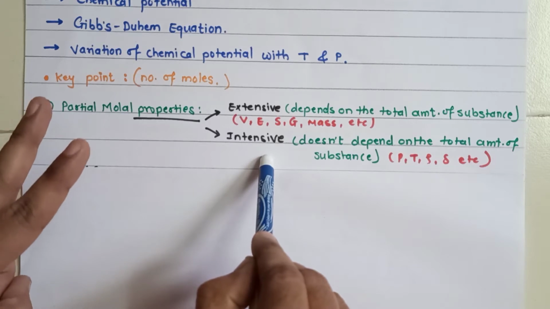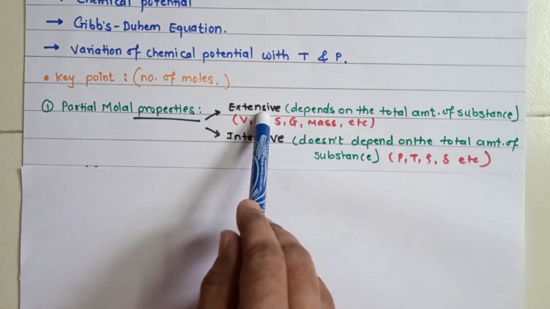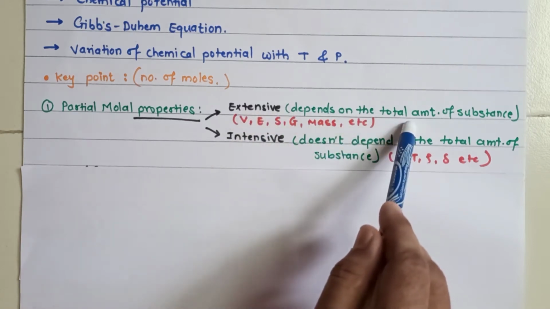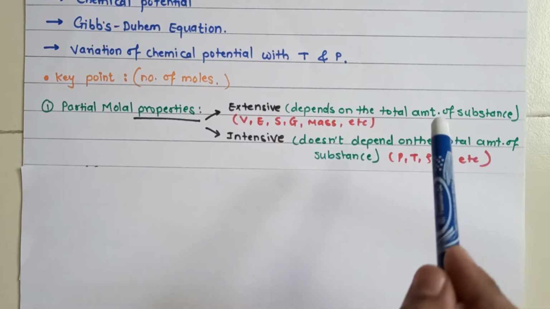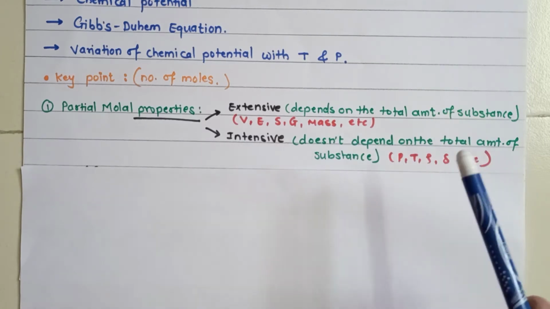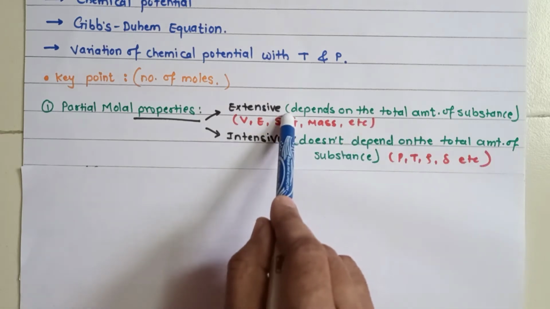The extensive property is the property which depends on the total amount of substance, or sometimes on the total amounts of the different constituents present in the system. We call it an extensive property.